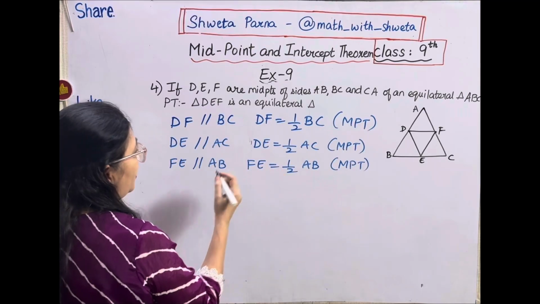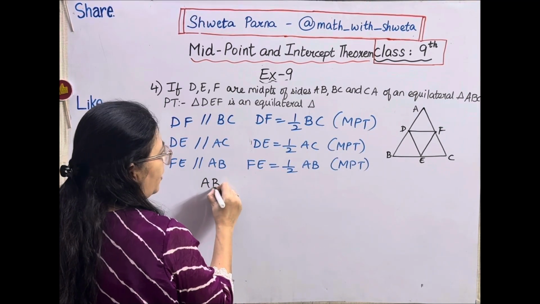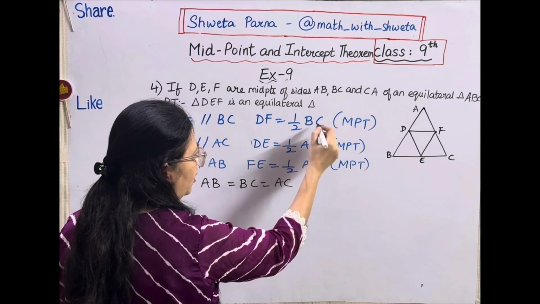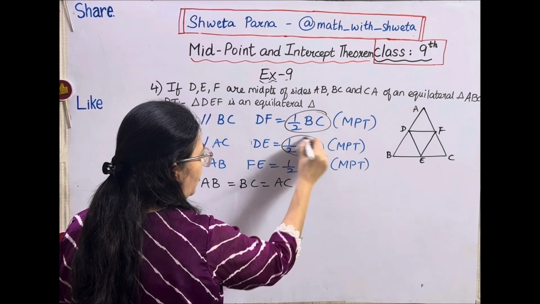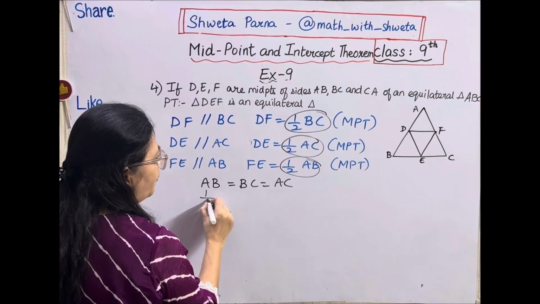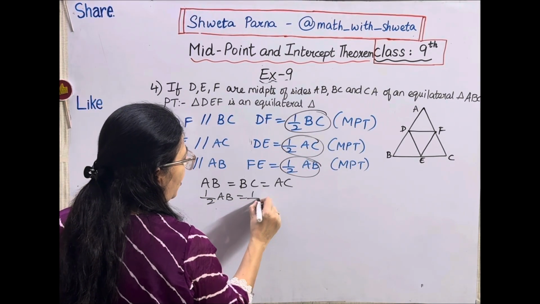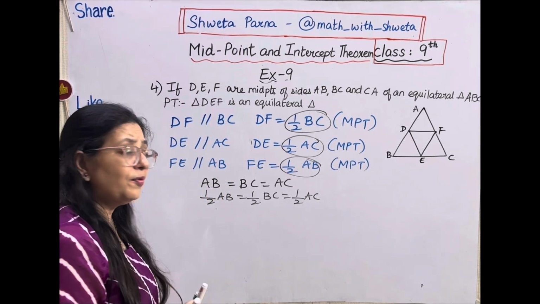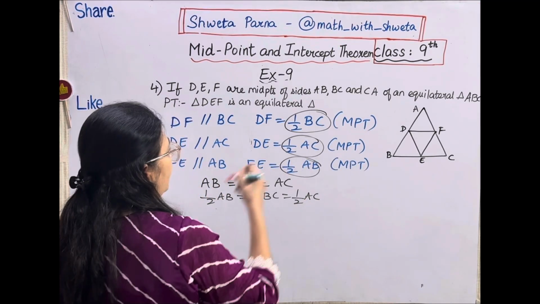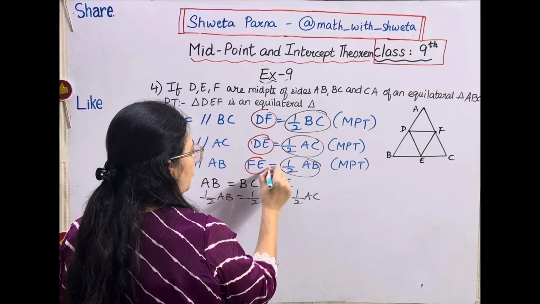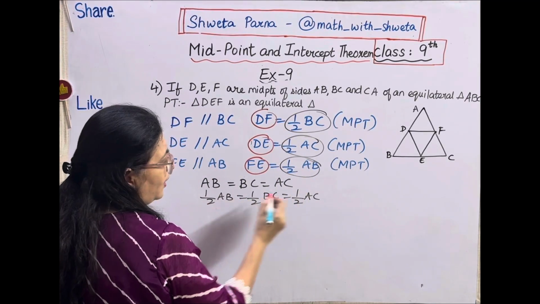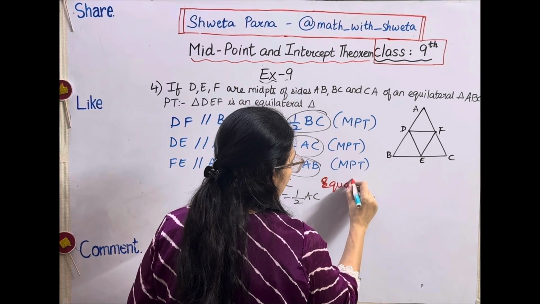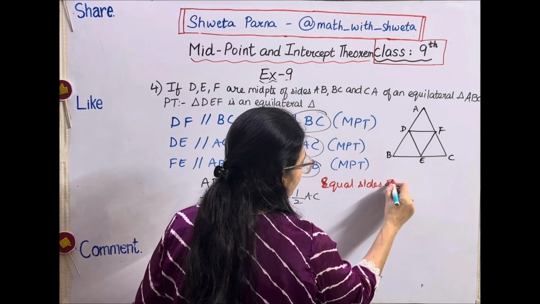So if it's an equilateral triangle, AB is equal to BC is equal to AC. So half of AB will be equal to half of BC will be equal to half of AC. Correct? If that is equal, then these sides will also be equal. So since they are equal sides of an equilateral triangle.